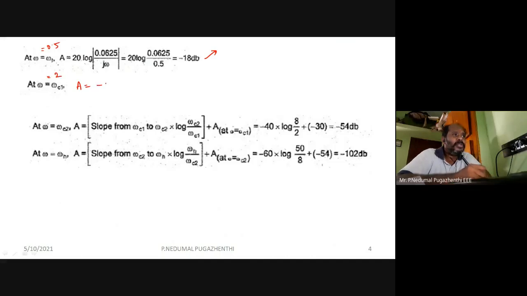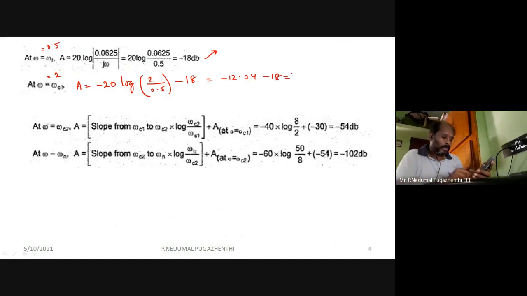So the slope is minus 20 log of the present frequency 2 and the previous corner frequency 0.5, plus the previous magnitude value, minus 18. So how much am I getting? 2 divided by 0.5, log of that value into minus 20, I am getting minus 12.04, and again minus 18.